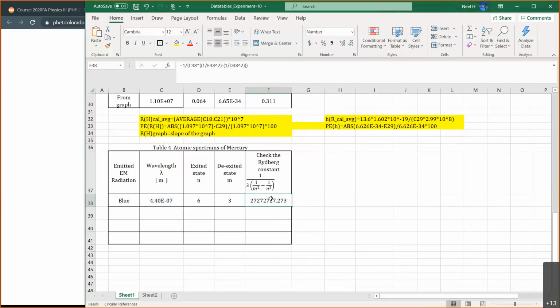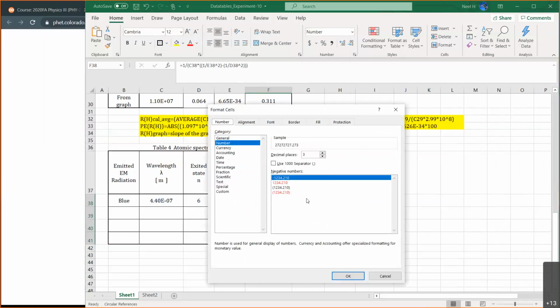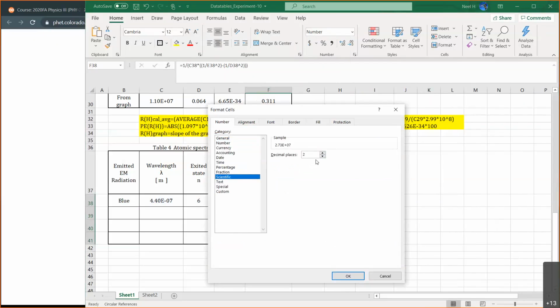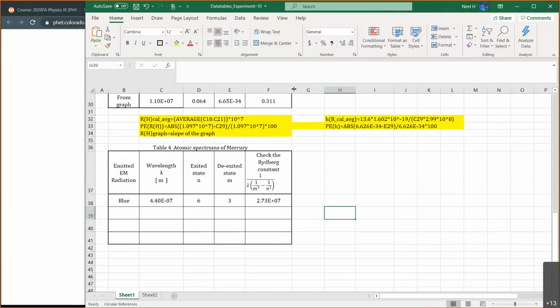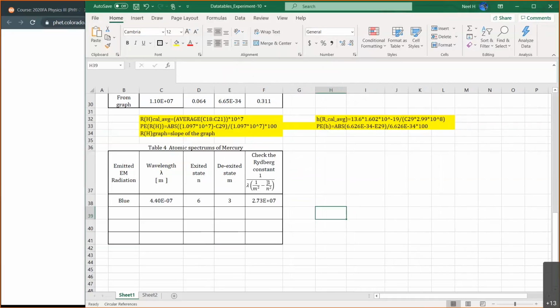The best way is to reformat this whole cell: right click, format cells, and choose scientific notation, 1 number and 2 decimal places. You can see that is very much different than the number one would expect for the Rydberg constant.